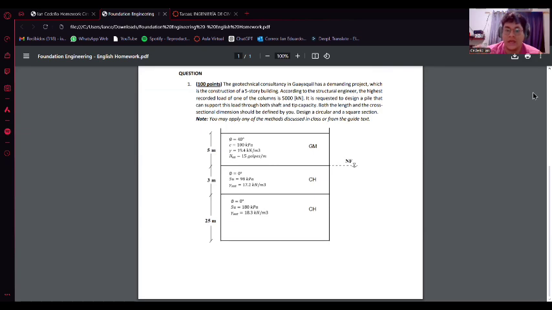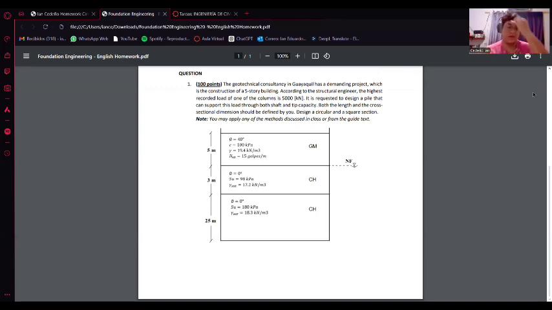It requests to design a pile that can support this load, considering both shaft and tip capacity. Both the length and the cross-sectional dimensions should be defined by you. Design circular and square sections. Note, which is very important, you may apply any methods discussed in class.